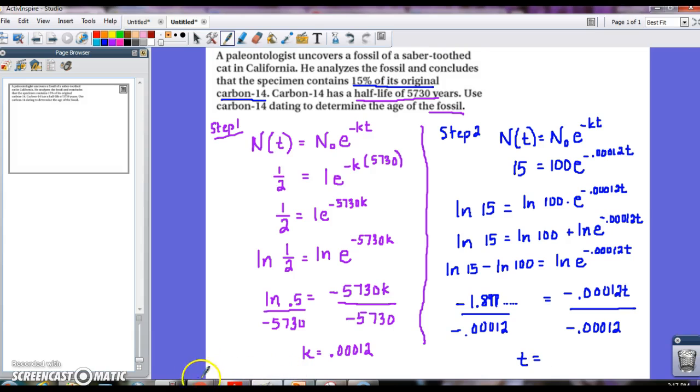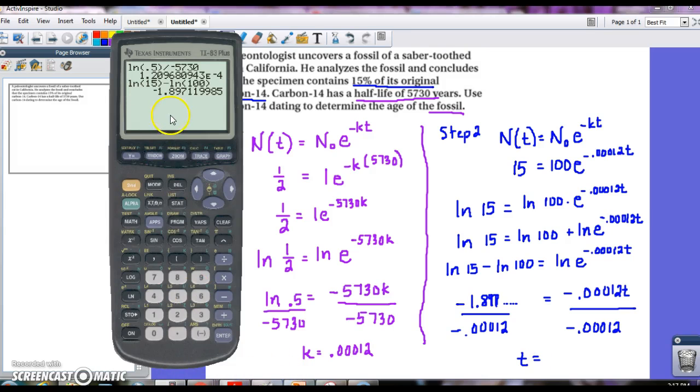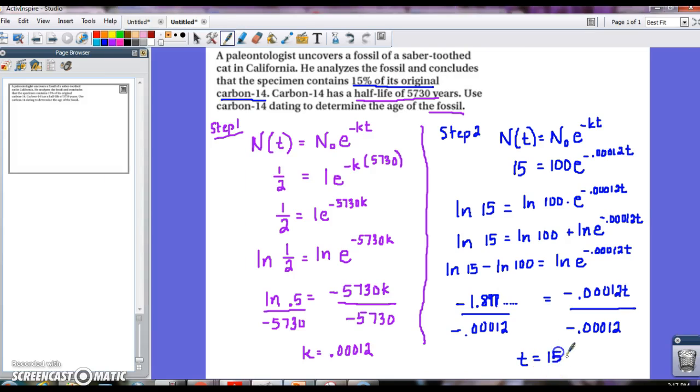In my calculator, I can just take that answer: if you do second and then the negative sign, it pulls up your previous answer, divided by negative 0.00012. That means the fossil is 15,809 years old.